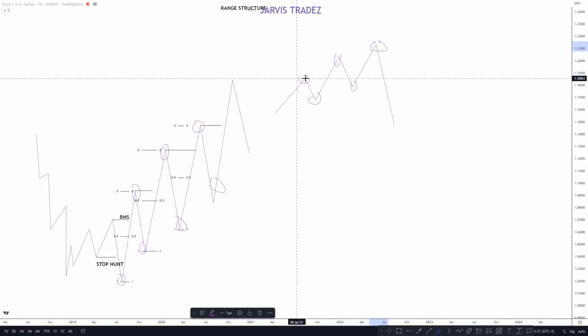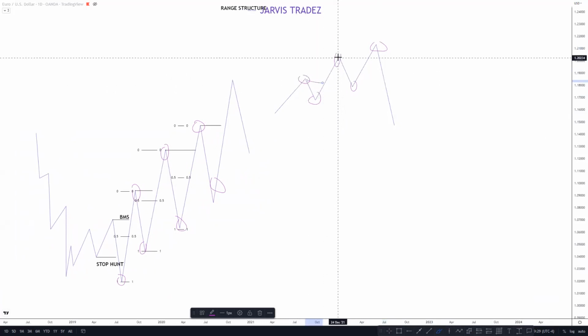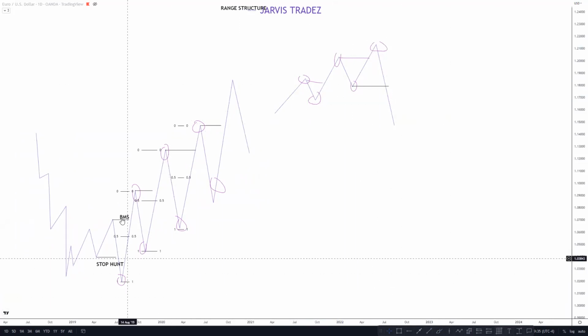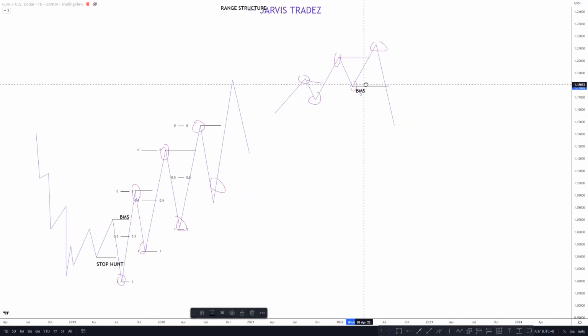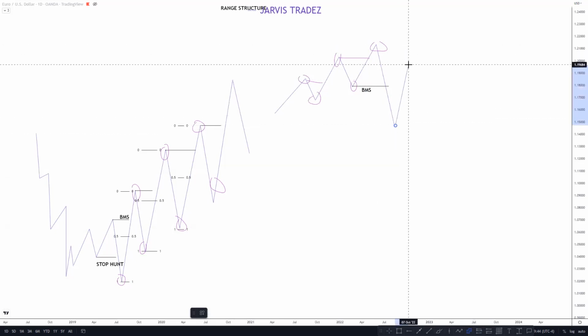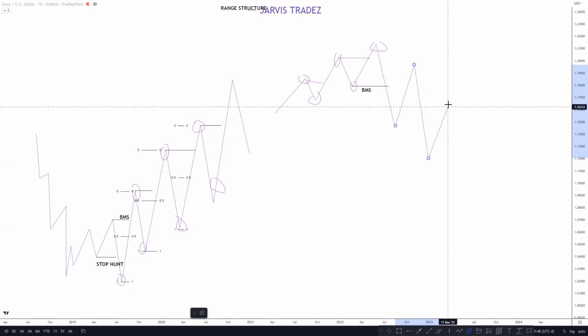After breaking this low, we have a BMS towards the downside. After that BMS, we have a formation of a new range from this low to anything above 50% of the zone for sells. So again, same thing.